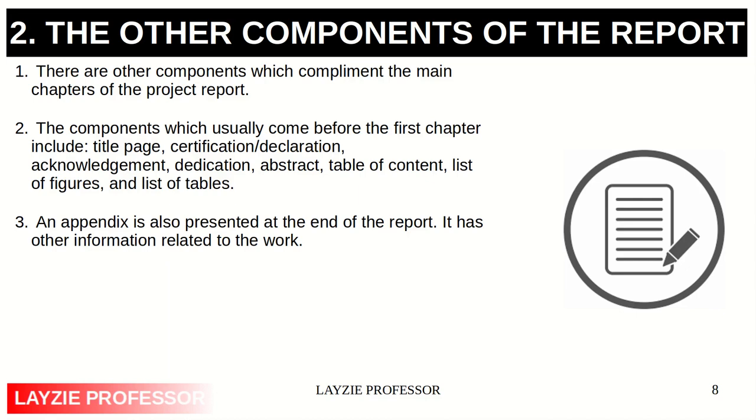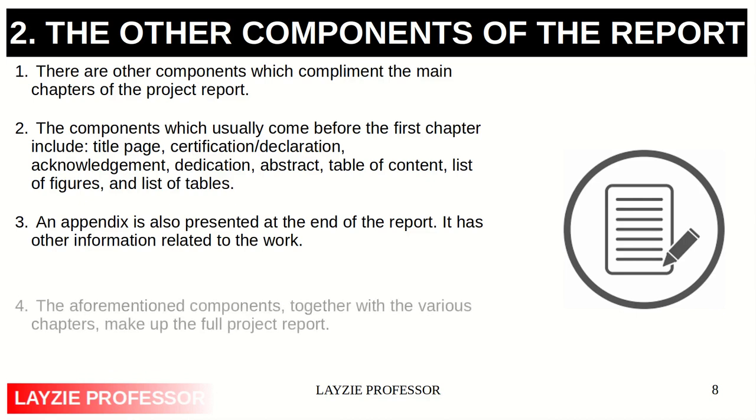But the detailed step by step, you may want to describe in an appendix, because one of the main things of scientific research is that once you do your research and write your report, the processes that you follow must be repeatable, which means that if somebody picks your project report and reads it, the person must be able to go through the same processes that you went through and come to the same conclusions. So the appendix is a great place for expanding information that is not directly related to the work, but that also contributed to the work. You may have some other figures, some extra tables that you want to present. All these things can fit into the appendix at the end of the report.